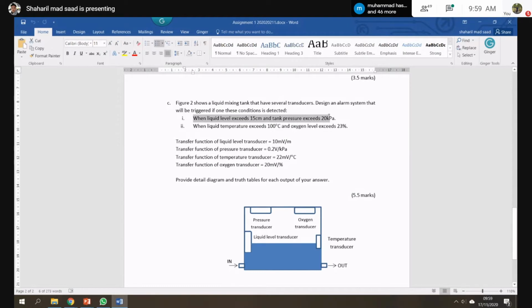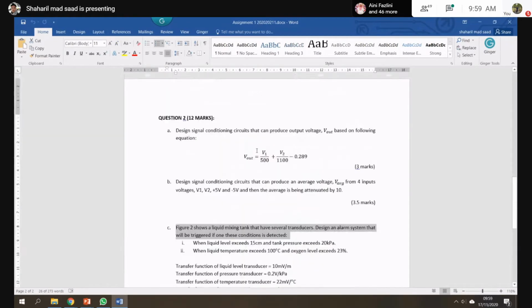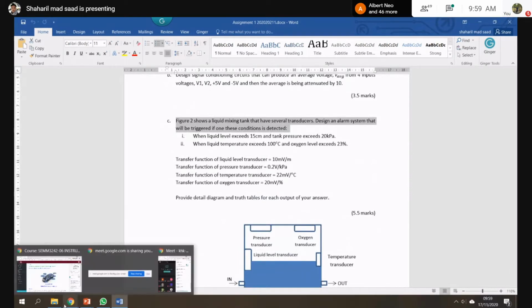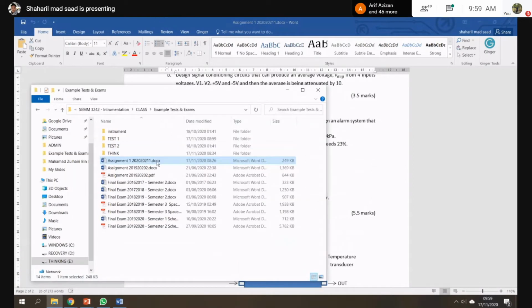If condition number 1 or condition number 2 is exceeded, the alarm will be triggered. So you can design this one based on your answer. I leave it to you because this will be an assignment.